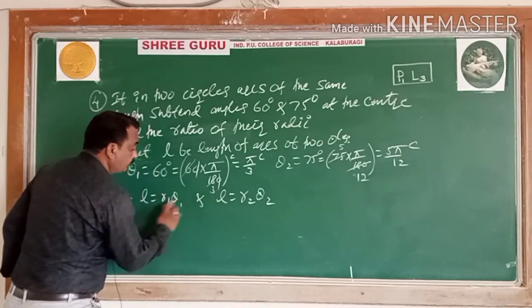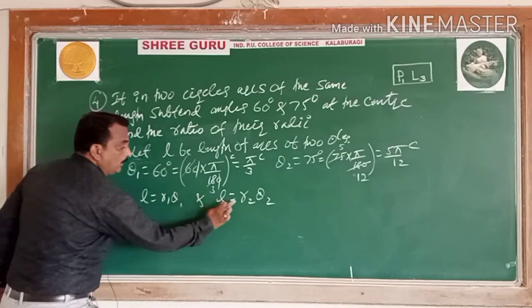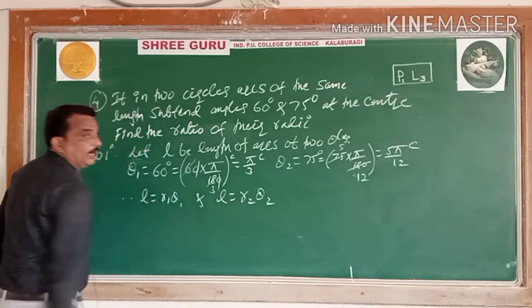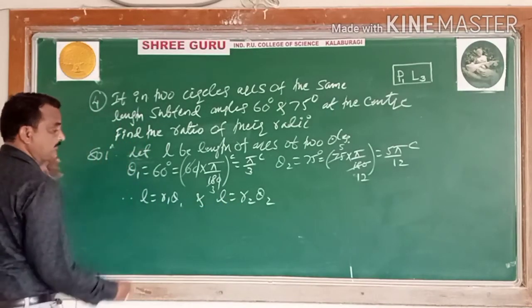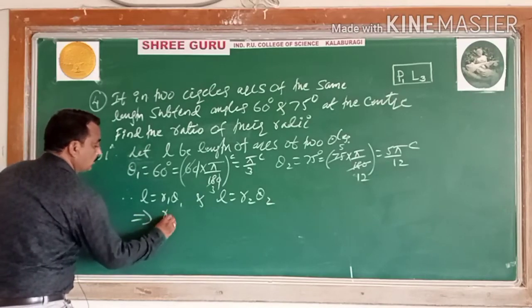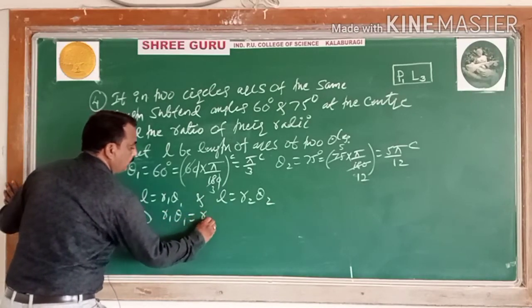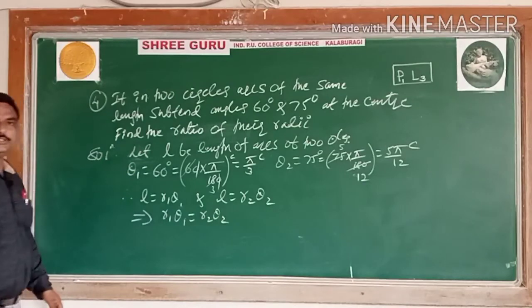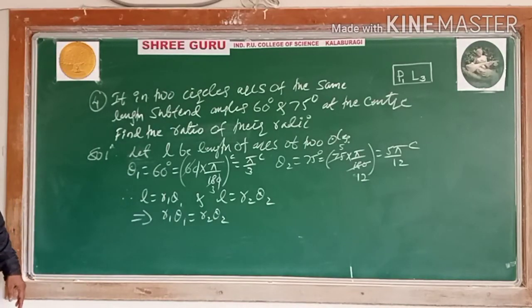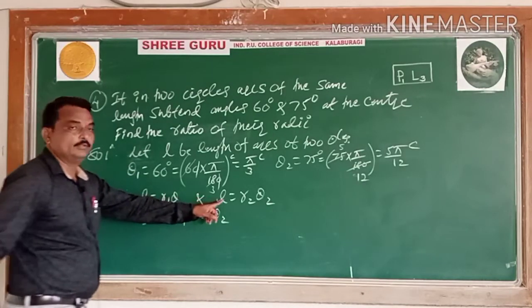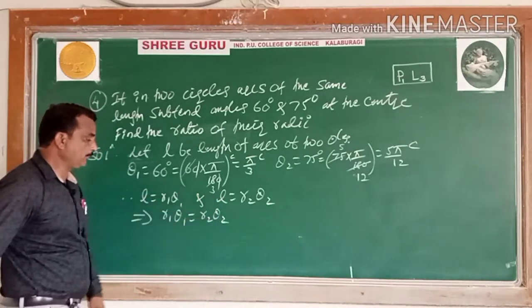Because we need the ratio of their radii. So equate both: R1 theta 1 is equal to R2 theta 2, because the length is equal in both equations.